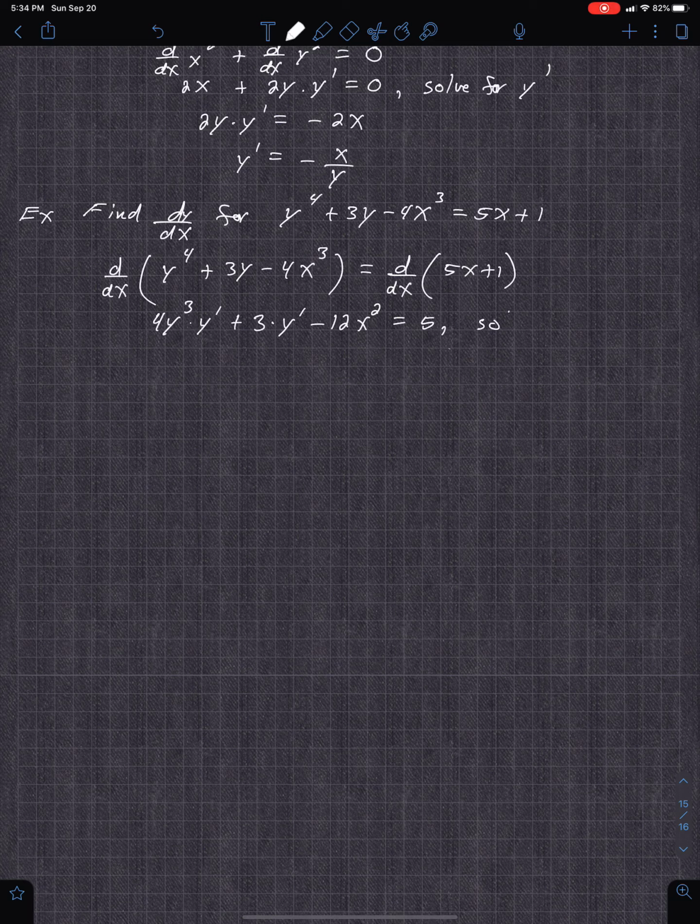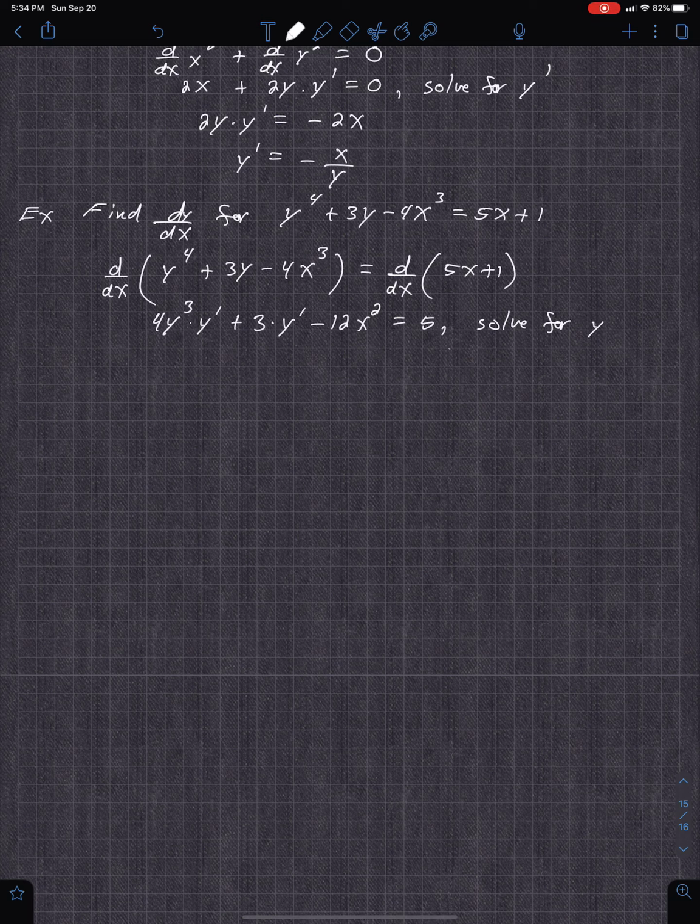Okay, so then solve for y prime. We're going to add this on both sides, then factor out the y prime, and then divide. So see if that makes sense.